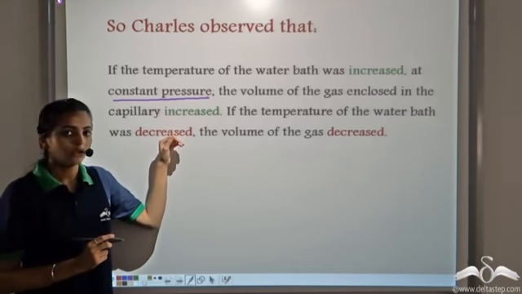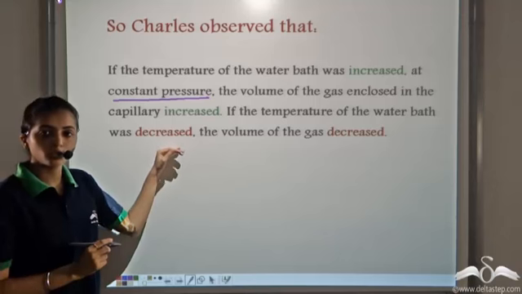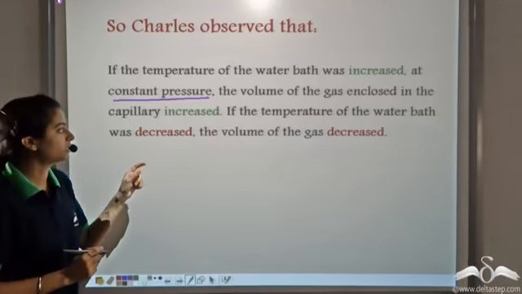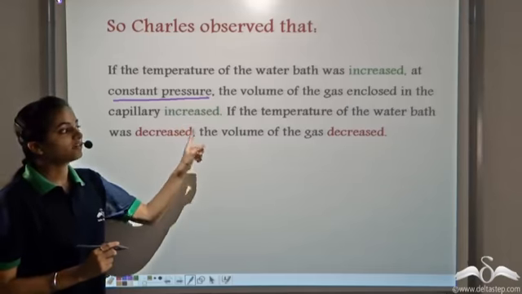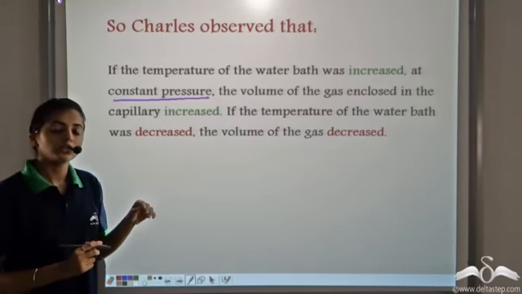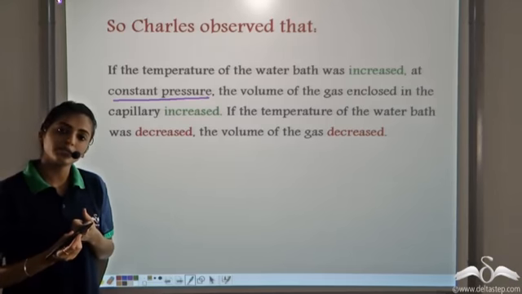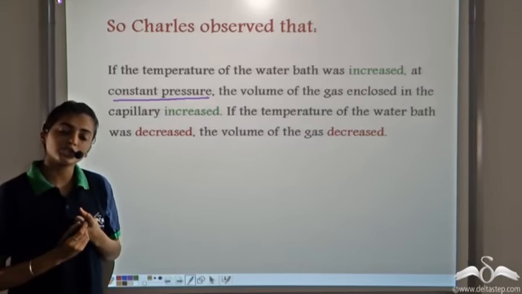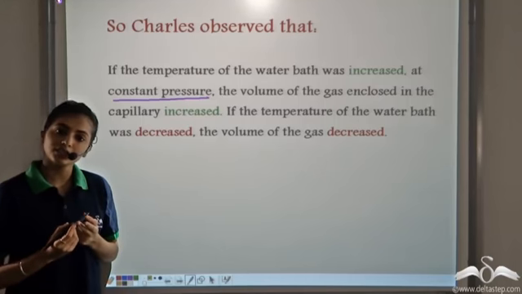He observed that as the temperature of the water bath was increased, the volume of the gas enclosed in the capillary tube increased. And if the temperature was decreased, the volume of the gas enclosed decreased. So when he increased the temperature, the volume of gas enclosed increased. When he decreased the temperature, the volume of the gas enclosed decreased.